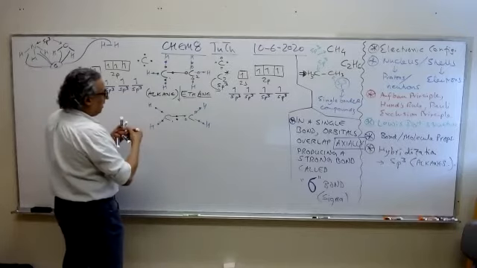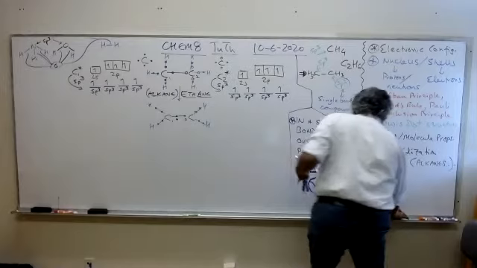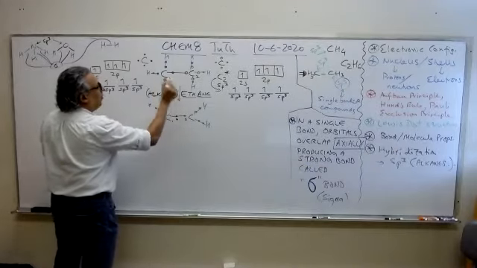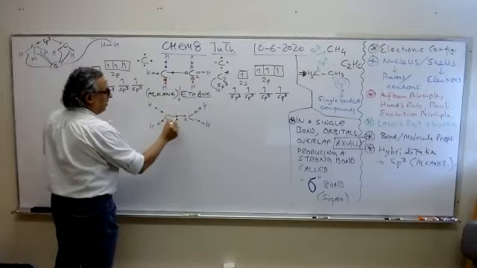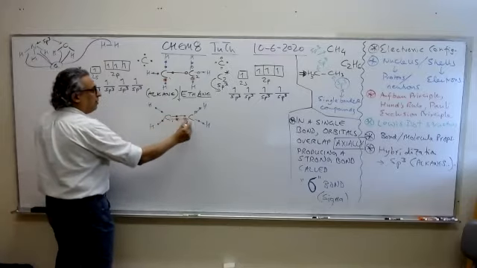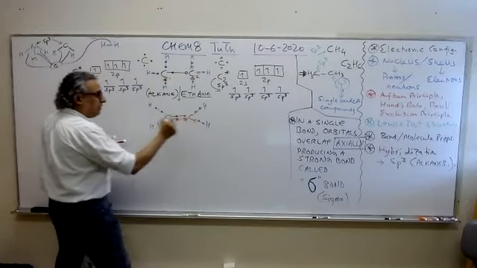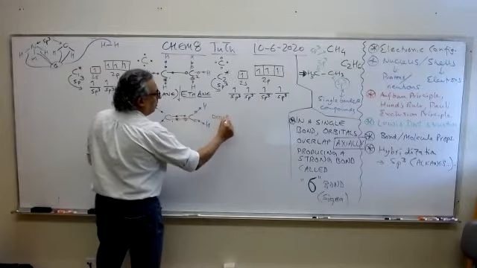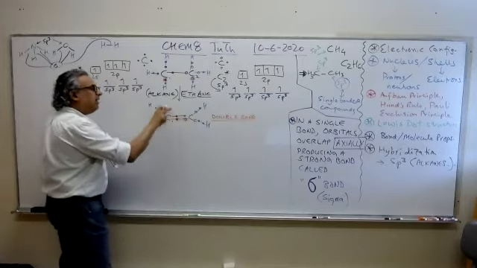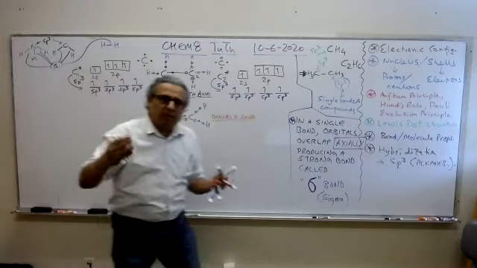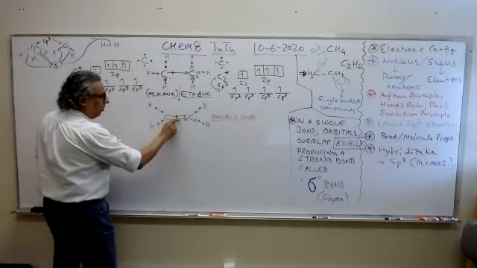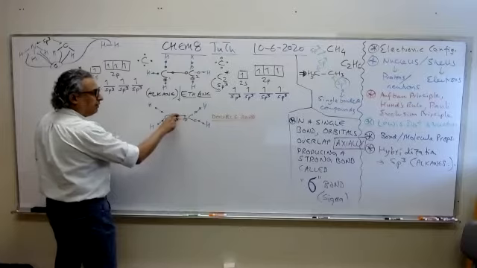Because now, if you think about this electron having a little orange halo, it's this electron and it's this electron. So now carbon 1 and carbon 2 have a double bond between them. This is a double bond, not James Bond. A double bond is that plus that, 2 bonds together. That's a double bond, not just this bond. This is one of the 2 bonds of the double bond, and this is the other.